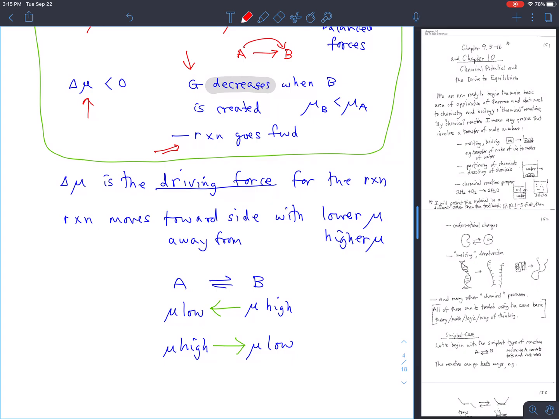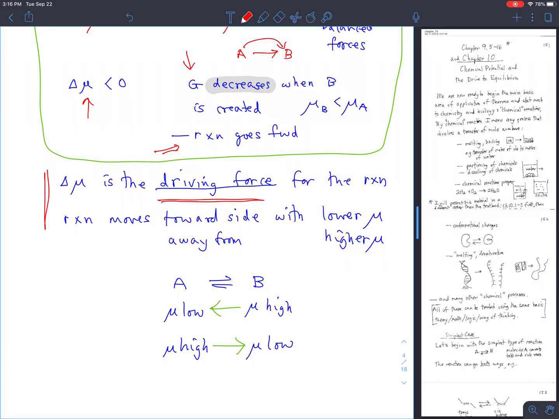All right, so just to repeat, the change in the chemical potentials between the two sides of the chemical reaction is the driving force for the chemical reaction. It really boils down to a fairly simple thing. If you want to know whether a chemical reaction or anything that can be thought of as a chemical reaction, like a phase change or a transfer process, is going to go spontaneously forward, look at the chemical potentials on the two sides of the reaction.